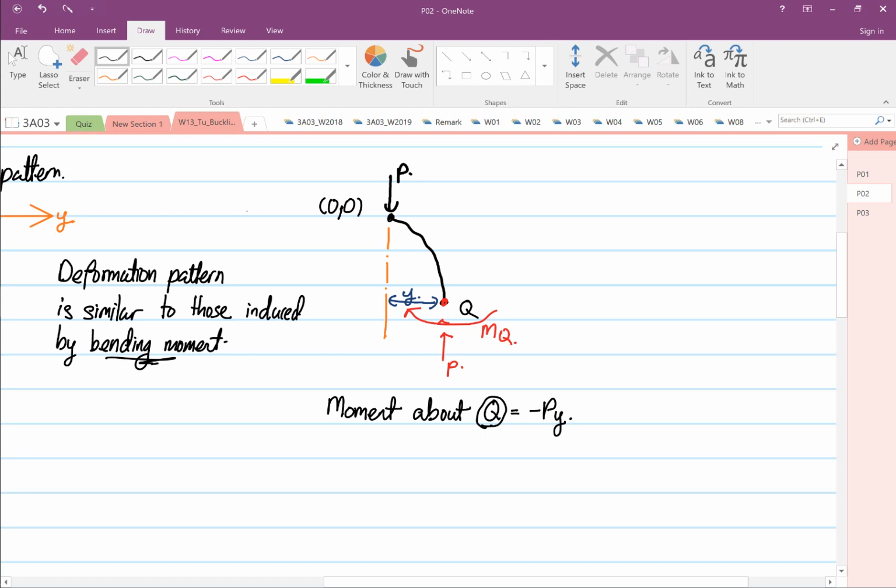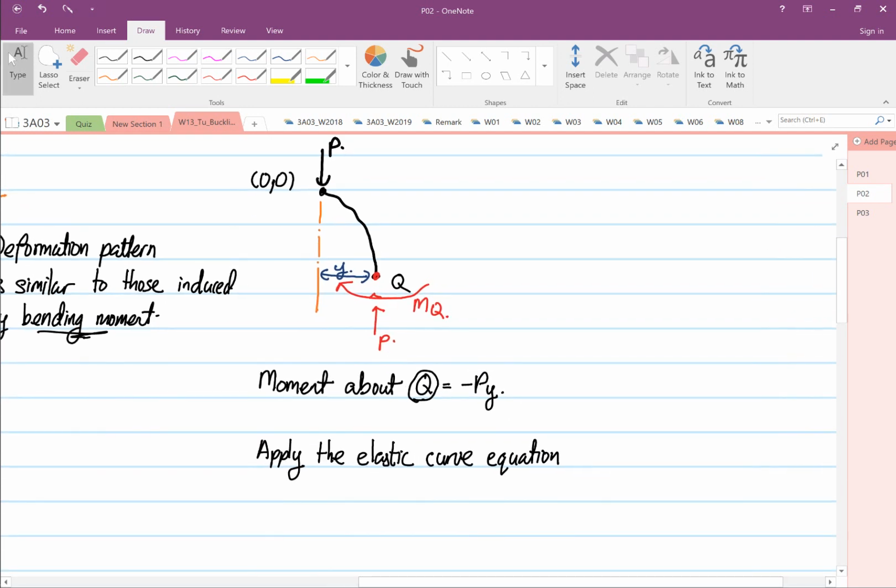So we can apply the elastic curve equation to relate bending moment to deflection.